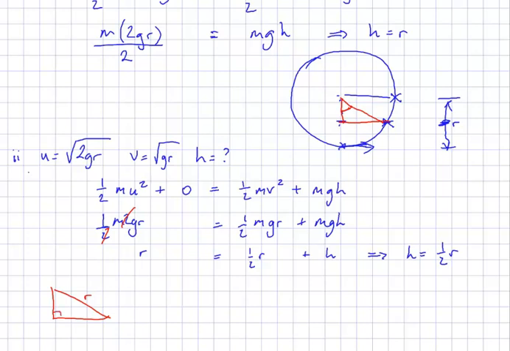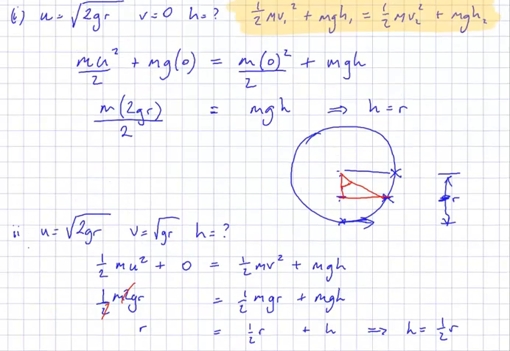Now the answer we found in this instance, the height was a half r, and if we want to work out that angle there, well, the angle is going to equal the inverse cos of adjacent over hypotenuse. So we end up with inverse cos of a half, and this works out quite nicely to 60 degrees. Just be aware, it's a fairly straightforward process of trigonometry if you're asked to find the angle.